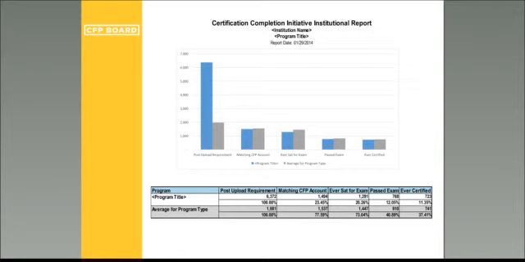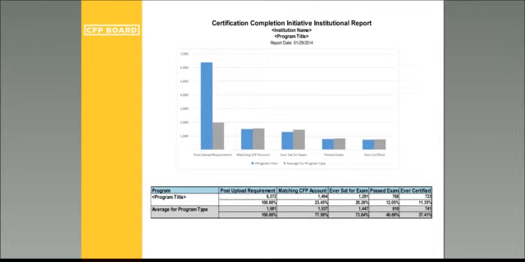So what's important here, there's a couple really important things that I hope you take away from this. The first thing is that we're not holding our partner institutions accountable with regard to passed exam or certified. They're very, very, very indirect variables. And the second point is we want to get this data together regarding matching the account and sitting for the exam and see where we are and improve it and work together on it.